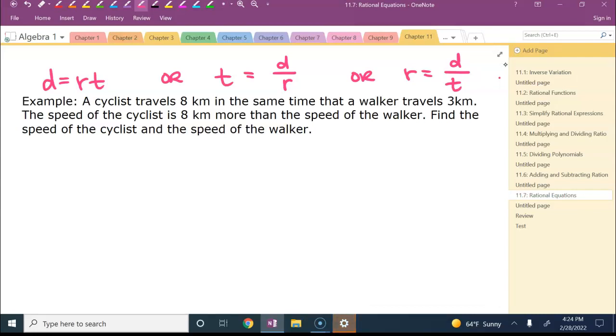So for example here, we have that a cyclist travels 8 kilometers in the same time that a walker travels 3 kilometers. The speed of the cyclist is 8 kilometers more than the speed of the walker. Find the speed of the cyclist and speed of the walker. So we're going 8 kilometers total for the distance here. So that's going to be our d that we're going to put on top.